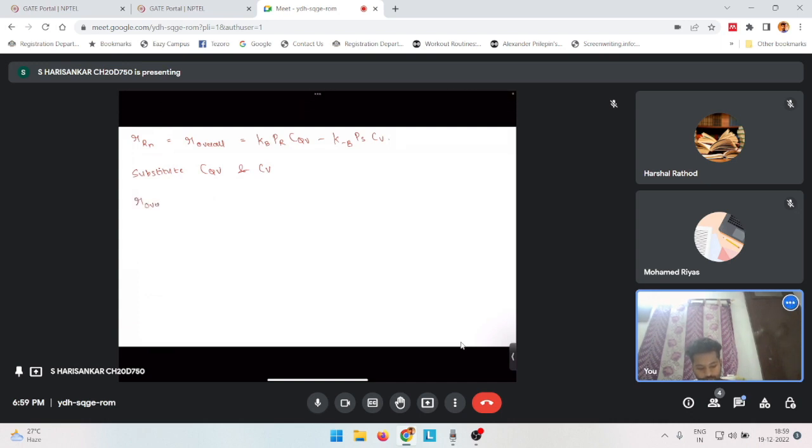So R overall will be equal to Kb PR CQV minus K minus B PS into CV, and that we substitute for CQV and CV, we will get Kb PR CQV is Ka PQ and CV minus K minus B PS into CV, and CV will be CT by 1 plus Ka into PQ.